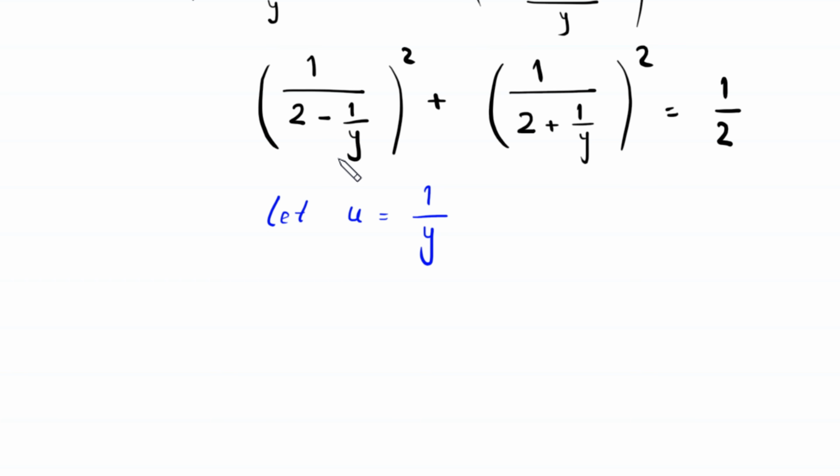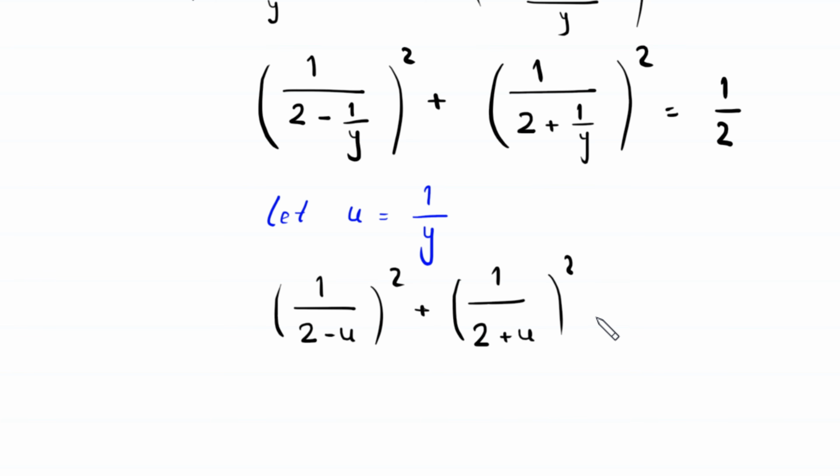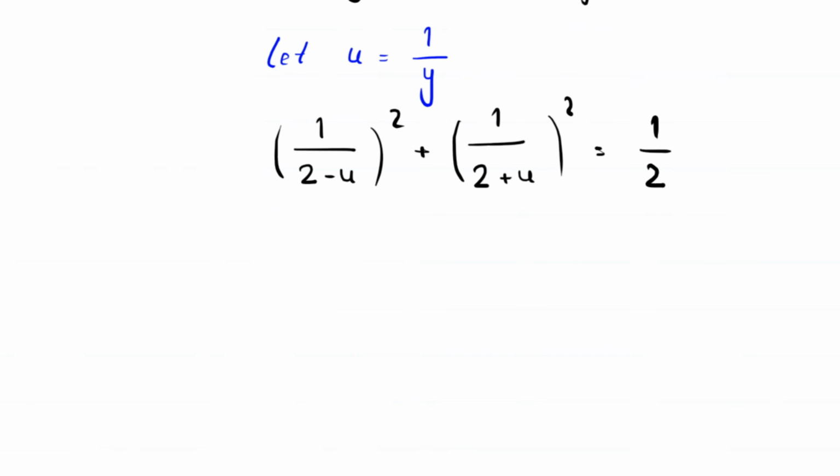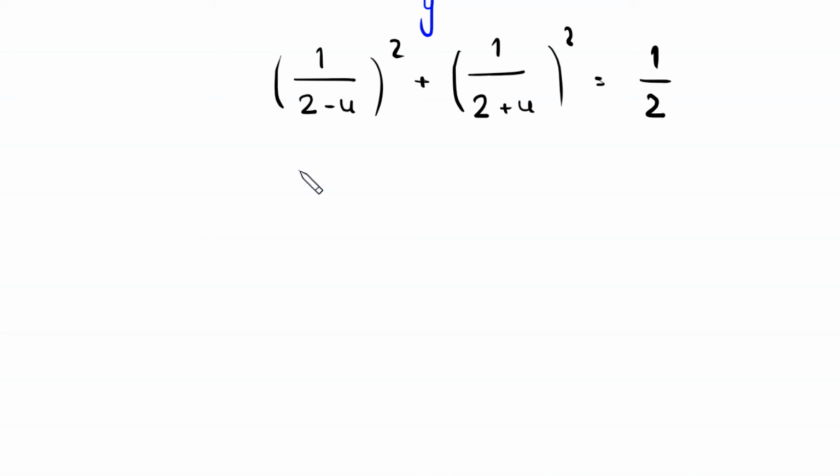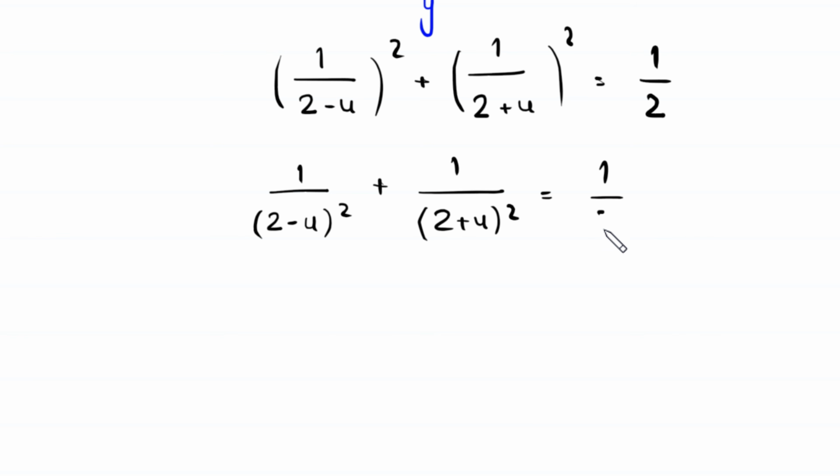So the equation will become 1/(2 minus u) whole squared plus 1/(2 plus u) whole squared equal to 1/2.